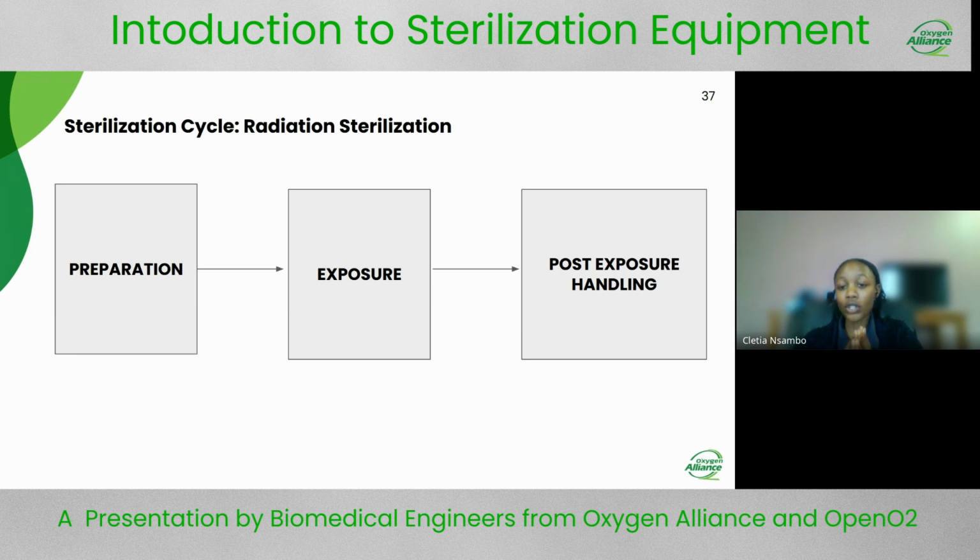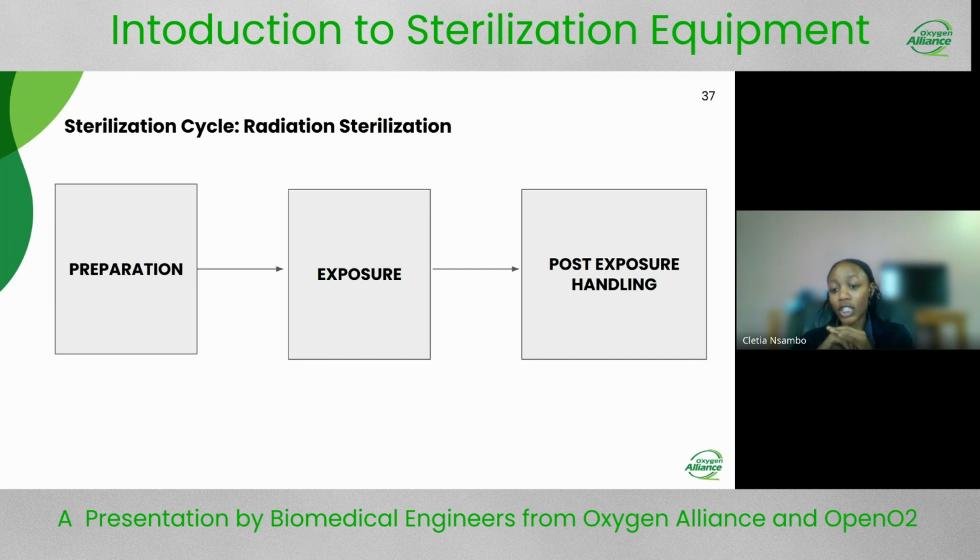Depending on your facility or your setup, you can use containers or pallets to package your items that will be sterilized. After this, you expose them to the radiation. You can use gamma radiation, X-ray radiation, and even electron beam radiation, as explained by my colleague earlier as well.